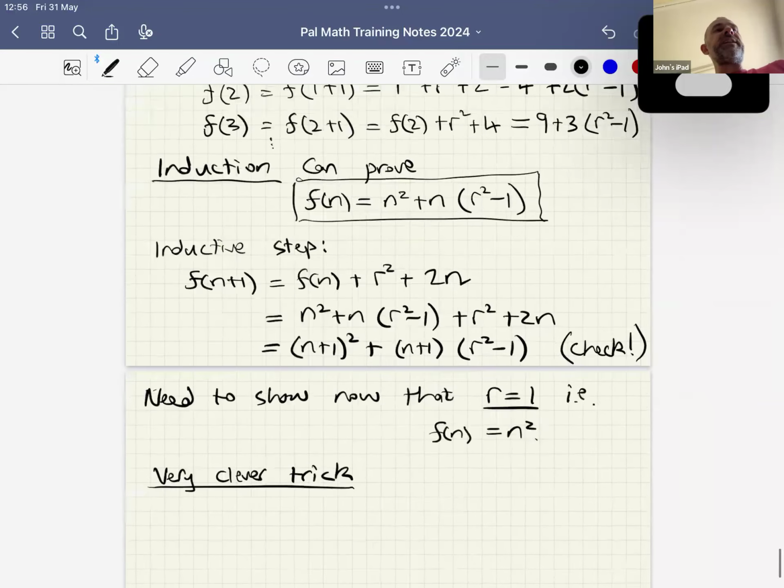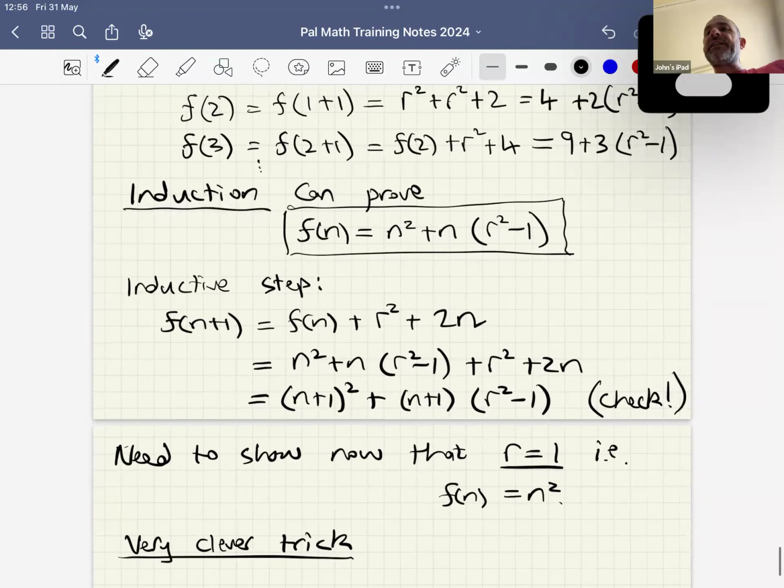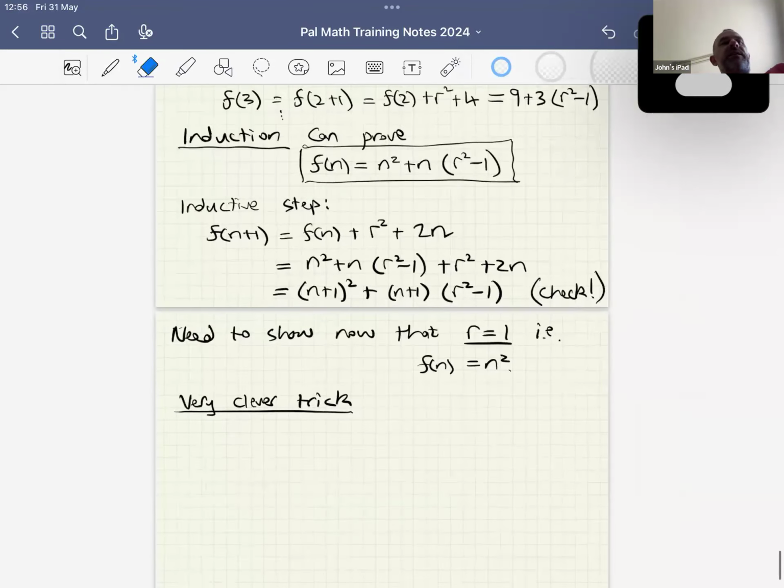By the way, I can rewrite this. Actually, a better way of writing this is the following.